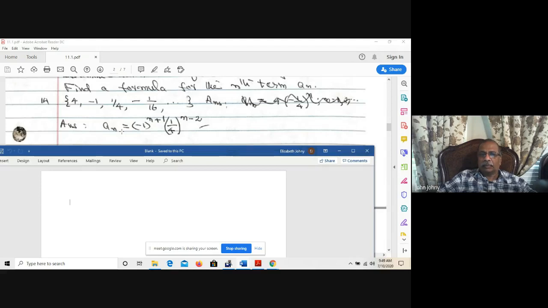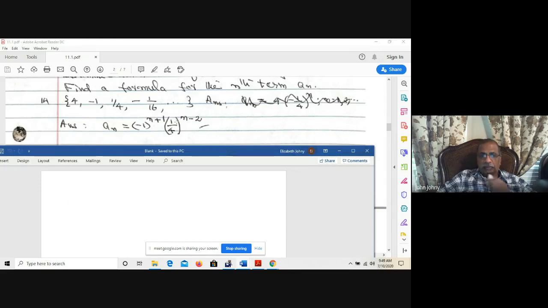Terms alternate negative and positive, so there will be a negative 1 to the power of something. And that exponent is n plus 1 here, because we want the first term to be positive. When you substitute n is equal to 1, it must be negative 1 to the power of 1 plus 1, negative 1 to the 2, so that is positive 1. So negative 1 to the power of n plus 1, times 1 over 4 to the power of n minus 2.